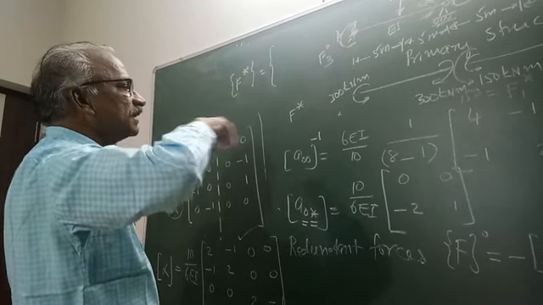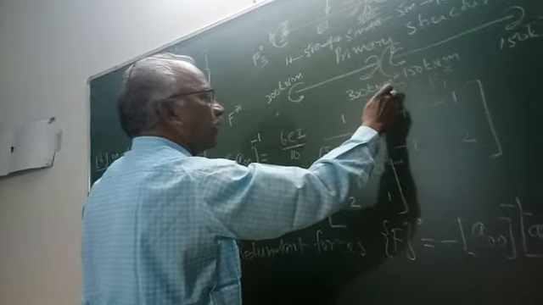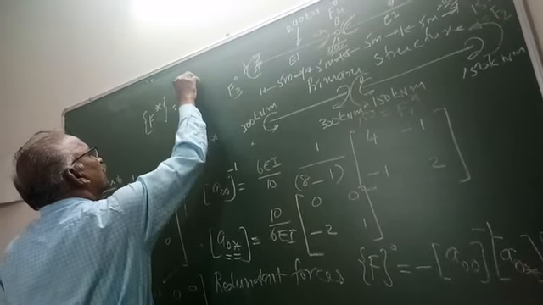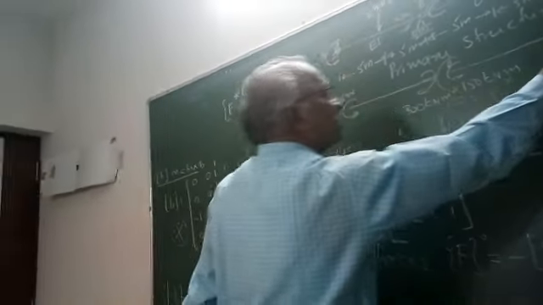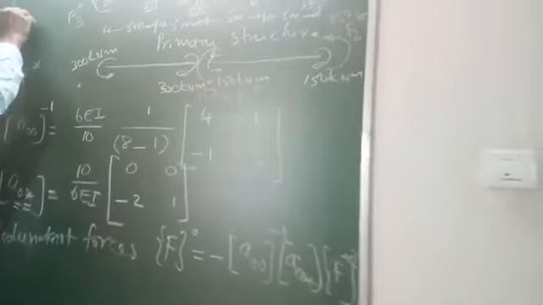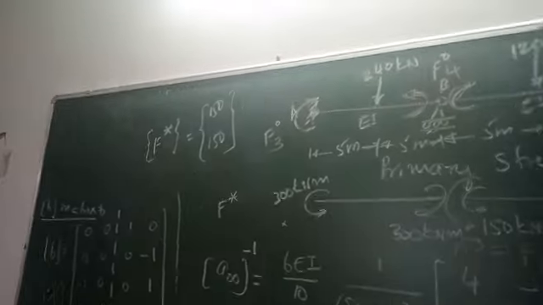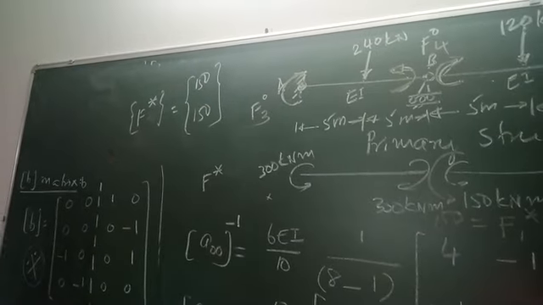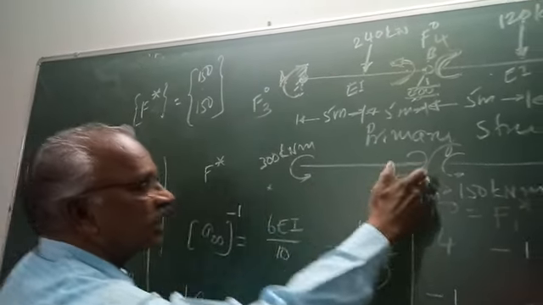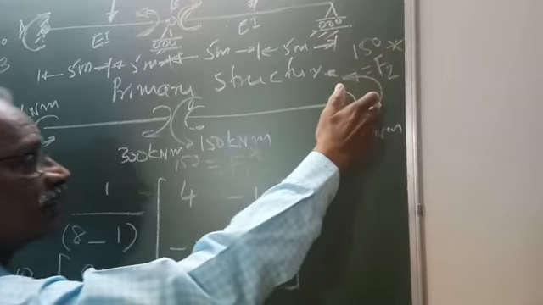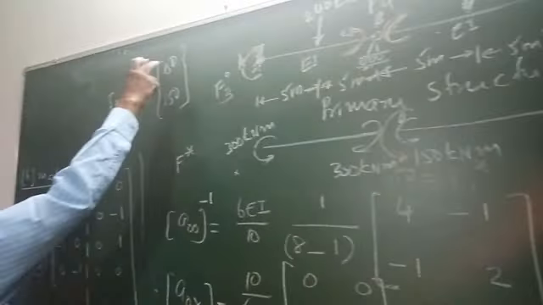F1 star is 150. F2 star is also 150. Here one point is to be observed. Here we are writing F1 star, and this is anti-clockwise. This is also anti-clockwise, but we are writing with the plus sign.